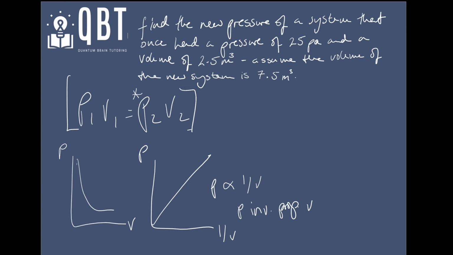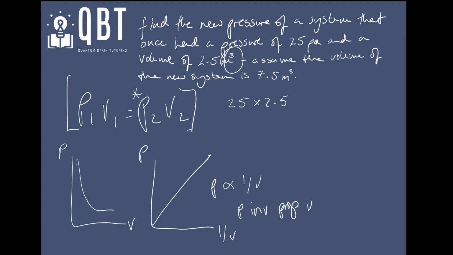And we know that the pressure initially was 25 pascals, so we can say that 25 times our initial volume, which we know was 2.5 meters cubed. And obviously we need to be paying attention to this, right? It's in meters cubed. That's important.